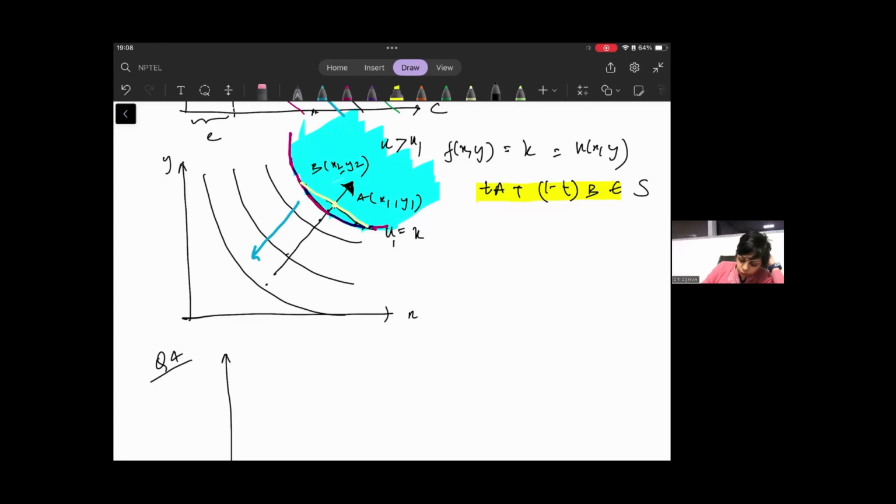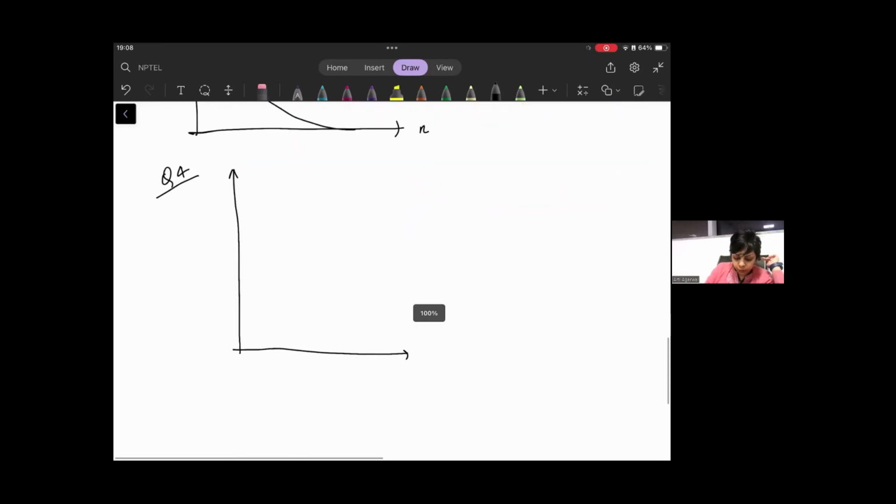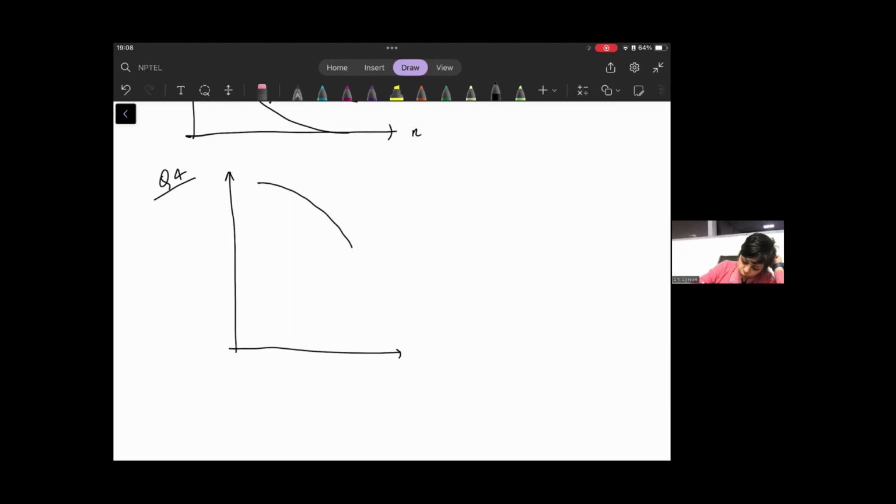So hopefully you have understood what I'm trying to say. In this curve what we are doing is exactly the same. We have just flipped the whole thing. Let's put the actual goods: where is milk, where is cookies?